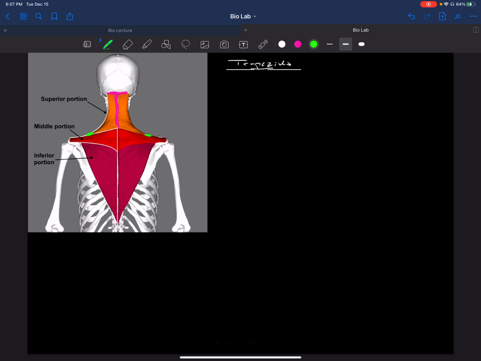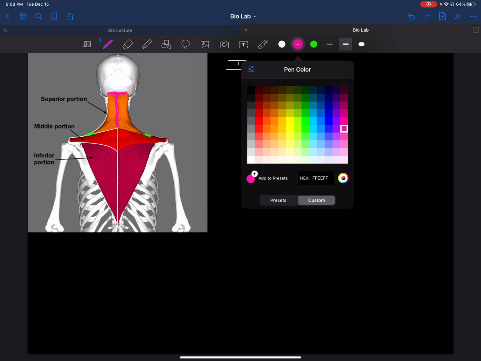So below the superior portion would be the middle portion. So for the middle portion, the medial attachment points are the spinous processes of C7 and T1 through T3 vertebrae. So I'll highlight that in blue.